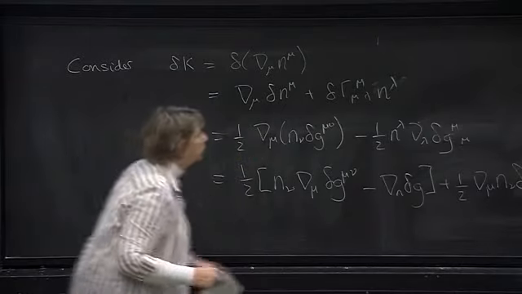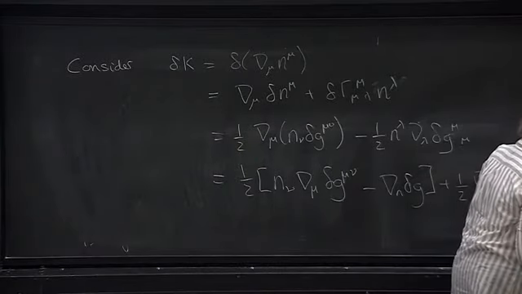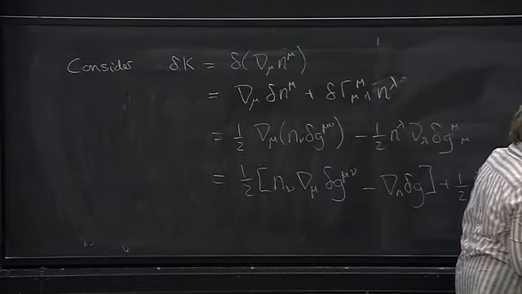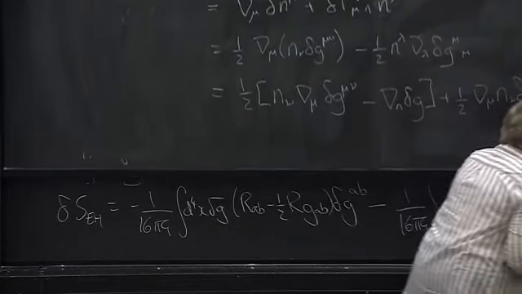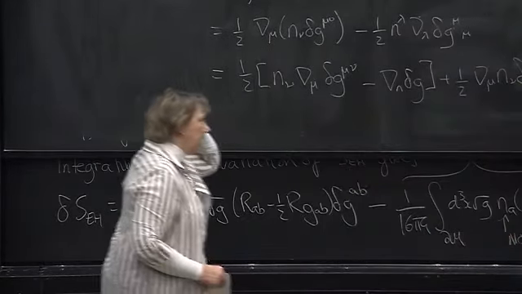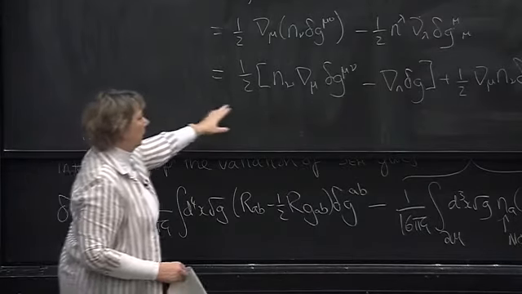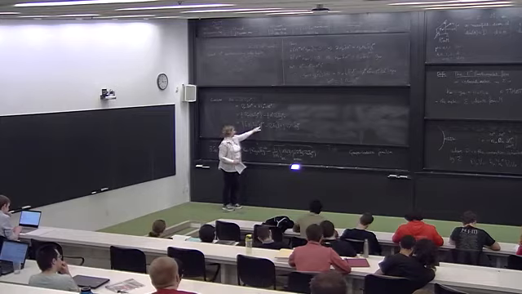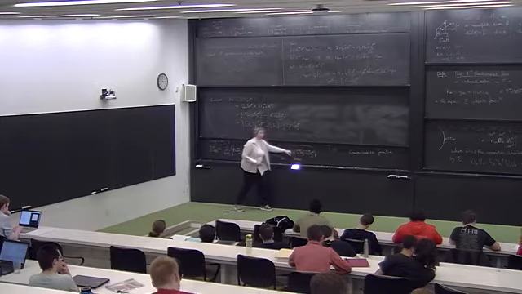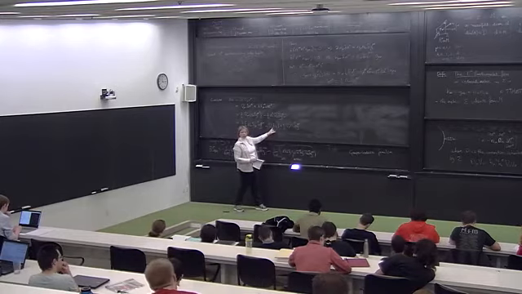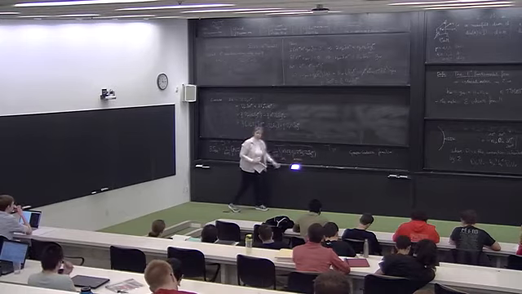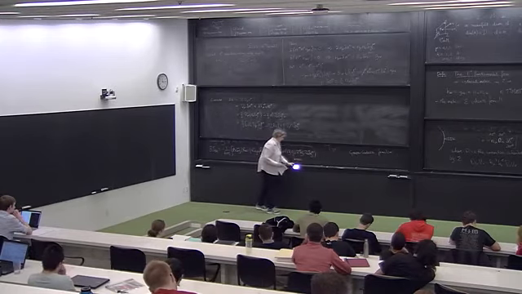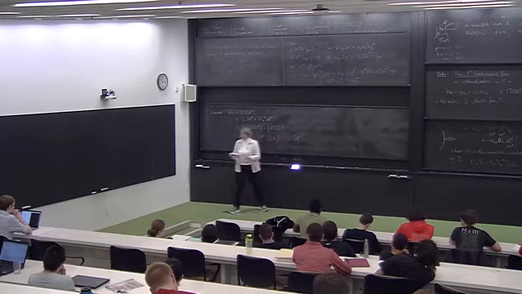So if I just move this board temporarily up a little bit, you can see that here's the n grad g, which is this piece, and here is the normal derivative of delta g, which is that bit. So it's looking pretty good.